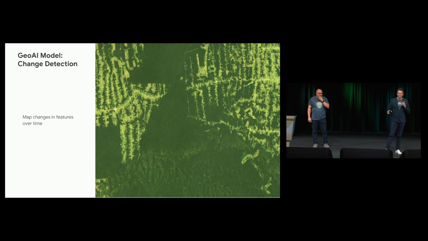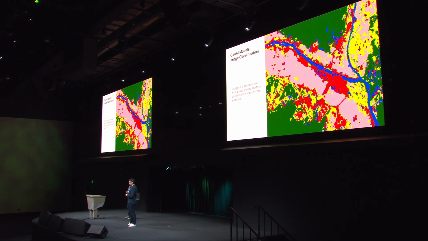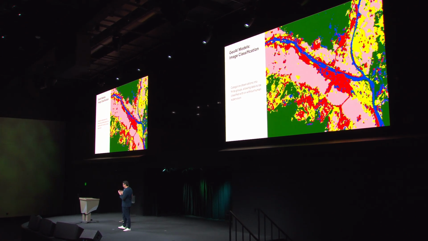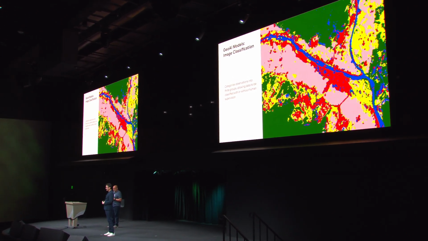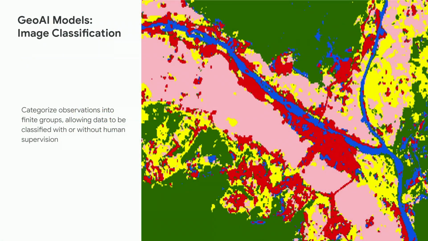Right? So there are different types of tasks that we typically talk about that can be accomplished with machine learning and AI. One is change detection, which is the mapping of changes in the landscape over time. Another is image classification, in which we have an image, we have a set of labeled training data, and we want to actually classify the pixels in that image, either with or without actually human training.